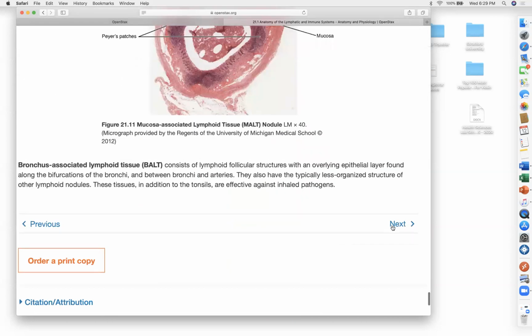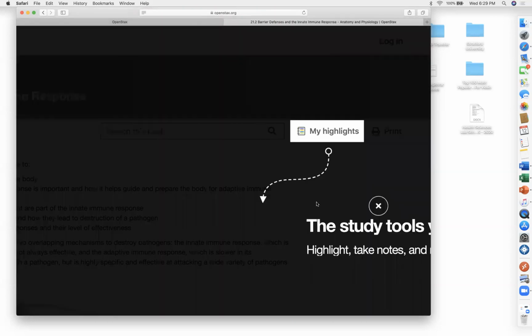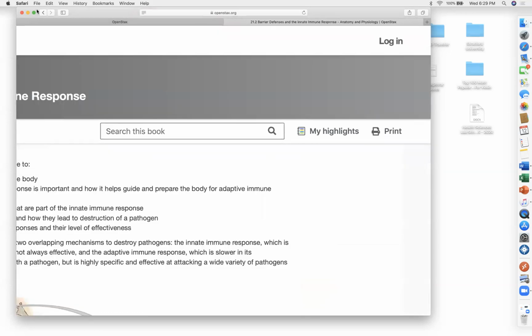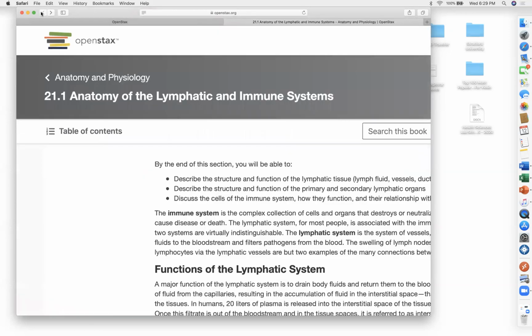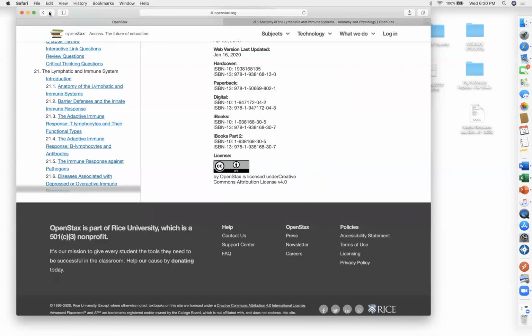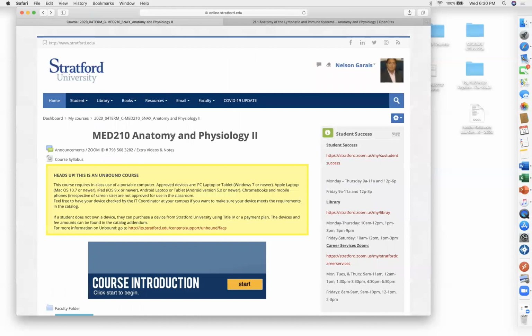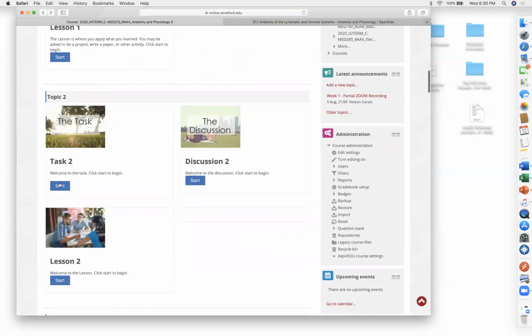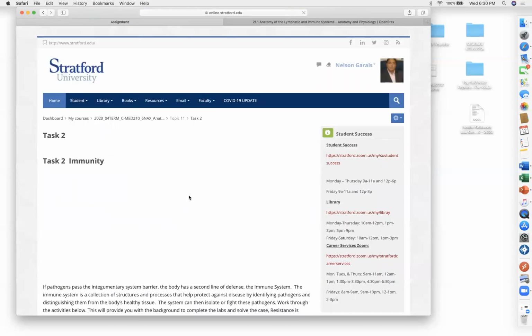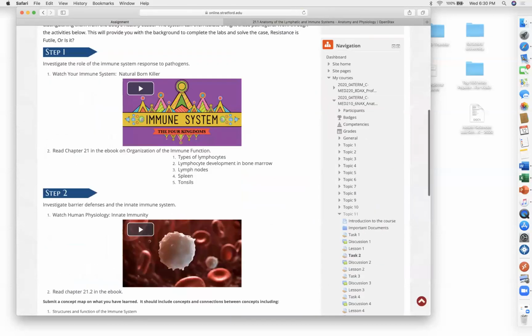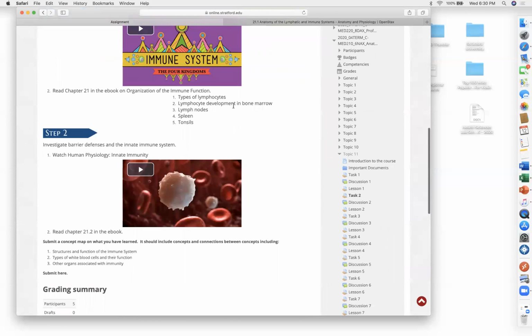So what's this next button? Okay. So let's now go back to the course, so we can get back to some of the things, and let's review. What did we already talk about thus far? We already talked about the types of lymphocytes.